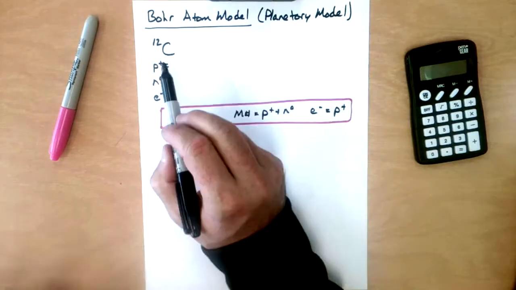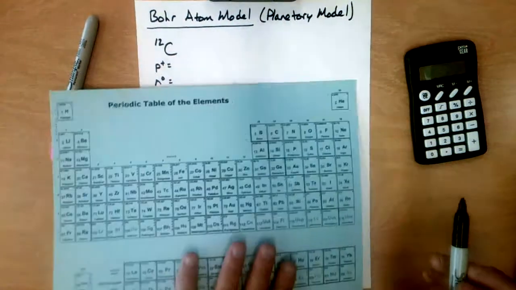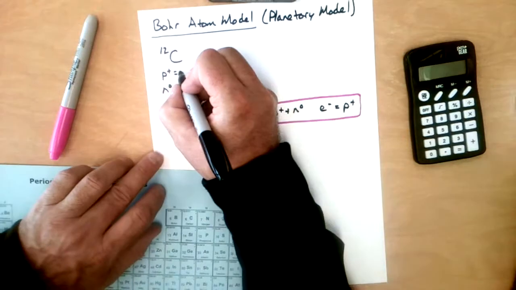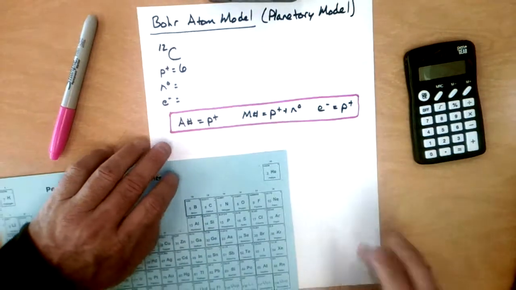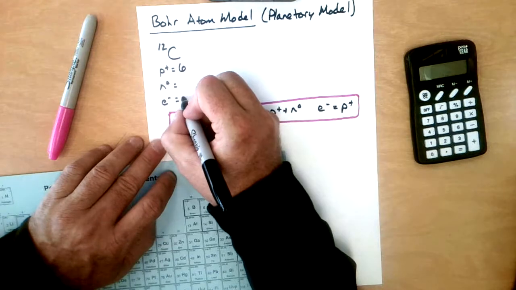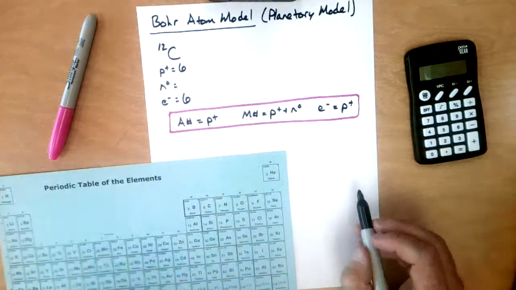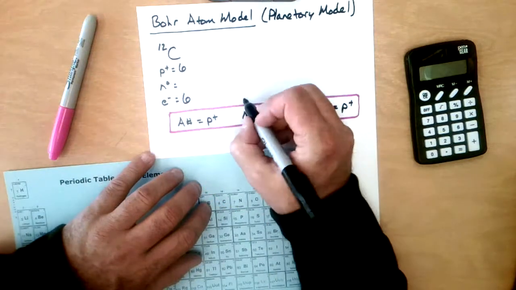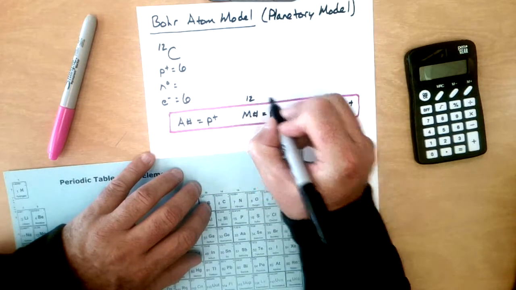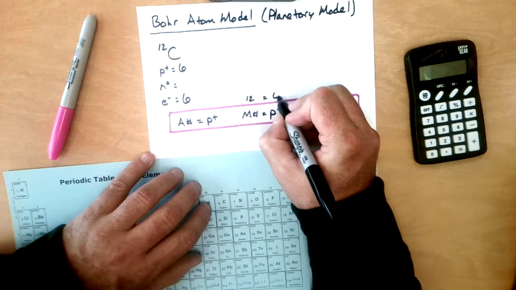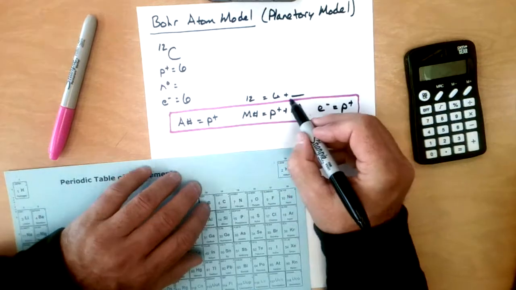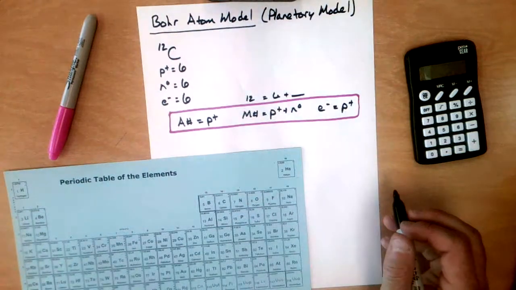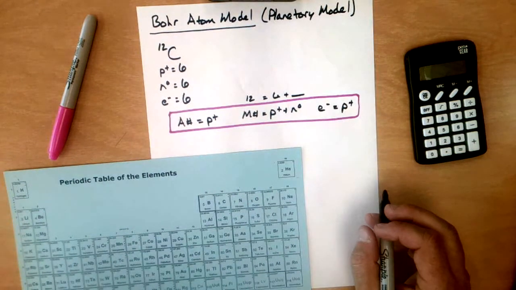All right, so I look on my periodic table, find carbon again, and carbon has an atomic number of 6. That means it has 6 protons. And if electrons are the same as protons, it also has 6 electrons. And now the mass, that's where the 12 comes in. The mass of this carbon is 12. We know that protons are 6. So what plus 6 is 12? It means neutrons are 6. They happen to all be 6 in this case.